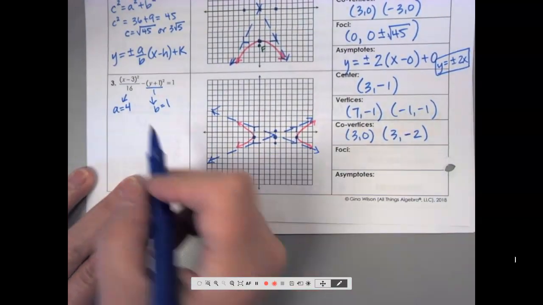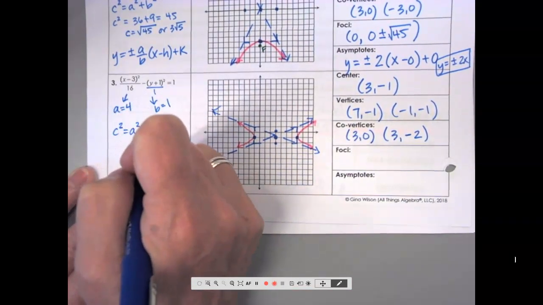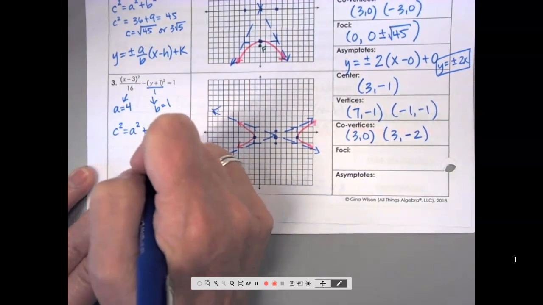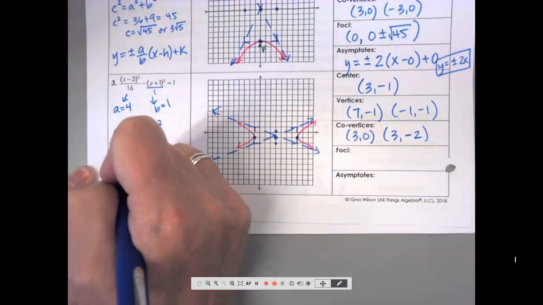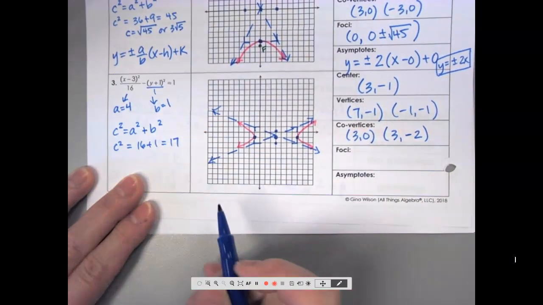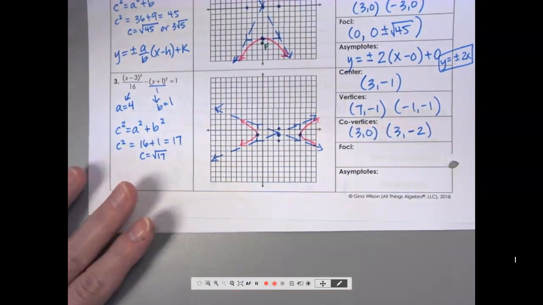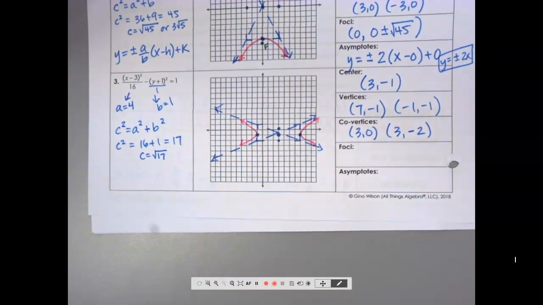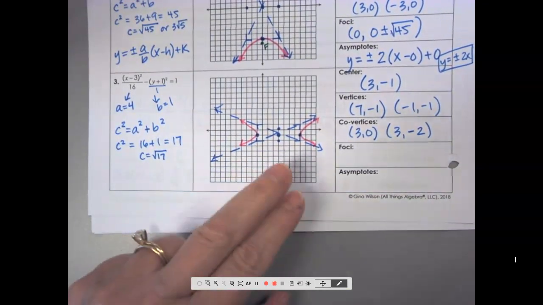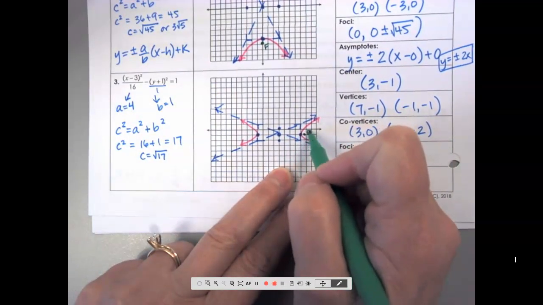Okay, foci we're going to have to calculate. So c squared equals a squared plus b squared. C squared is 16 plus 1, which is 17. So c is the square root of 17. Alright, so square root of 17 is a little more than 4. So from the center, I'm going to go 1, 2, 3, 4, a little bit more.